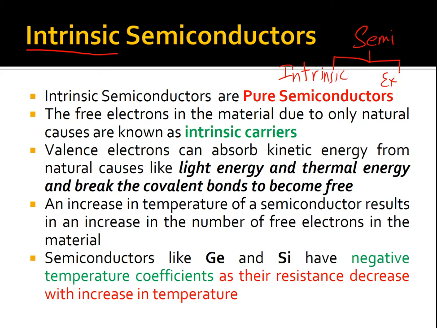Intrinsic are the pure semiconductor materials. Extrinsic are the opposite of the pure semiconductor materials. So what is meant by a pure semiconductor material? We have seen that, for example, silicon and germanium both have 4 valence electrons, right?